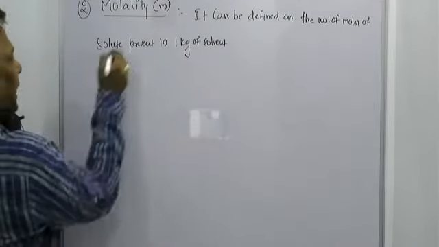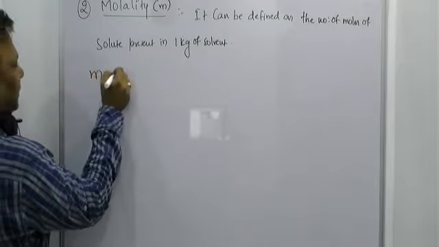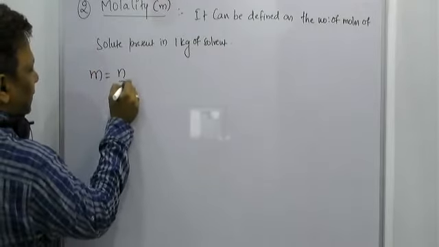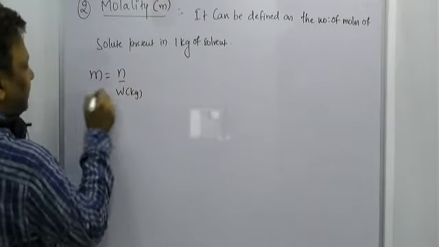Is it clear, beta? Means molality, denoted as small m, is n by W, where W is in kg.